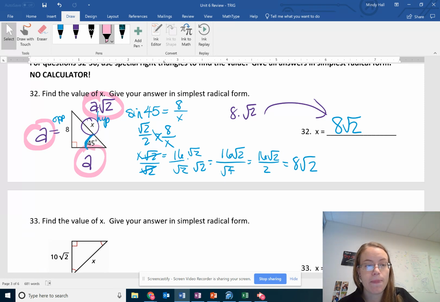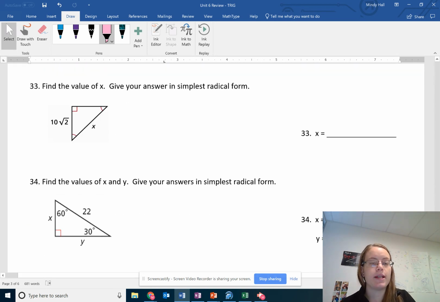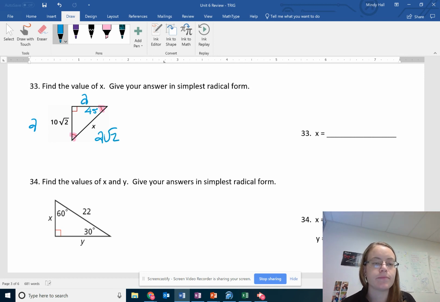So for 33, if we were to use trig, I notice that these two angles are congruent, which tells me that they're both 45 degrees. So then this is a hypotenuse. Again, if it helps you, you can have a square root of 2. But if I were to use trig, if I base it off of this 45, I would have opposite and hypotenuse.